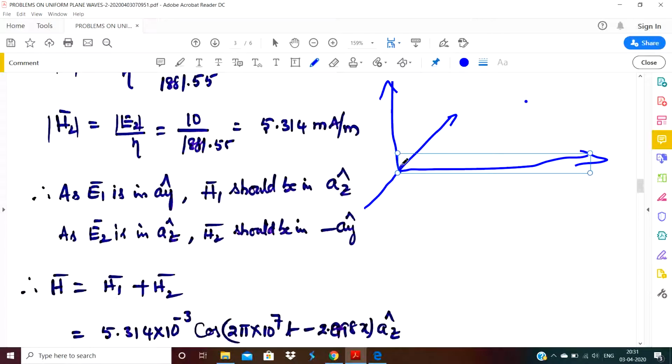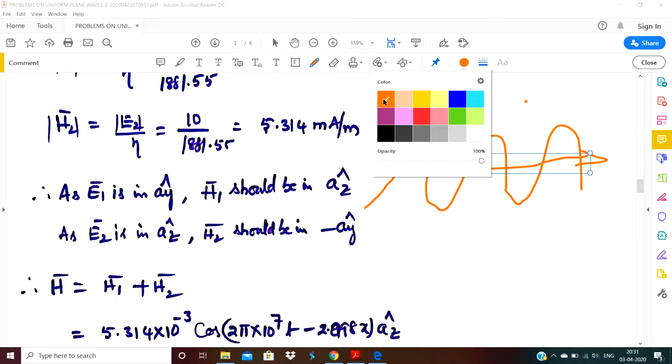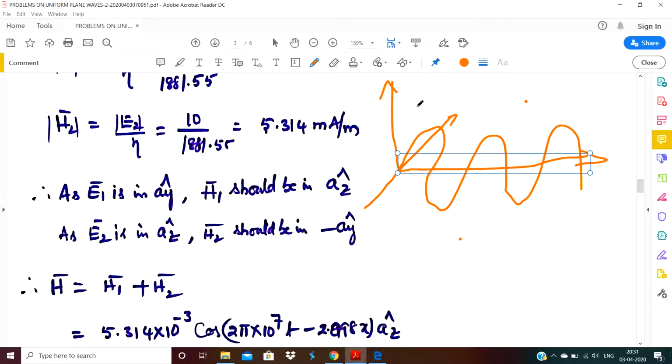Let us say along y means it would be like this. The next one is the magnetic field. This is E1. E1 bar is along the y direction, a_y cap.